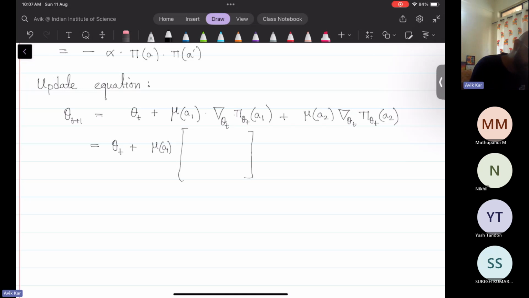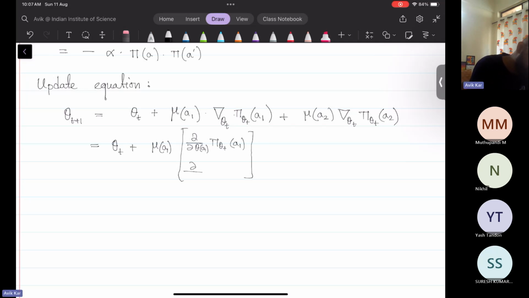So at theta t, evaluating at a1, this is the derivative with respect to theta a1 of pi theta t a1.